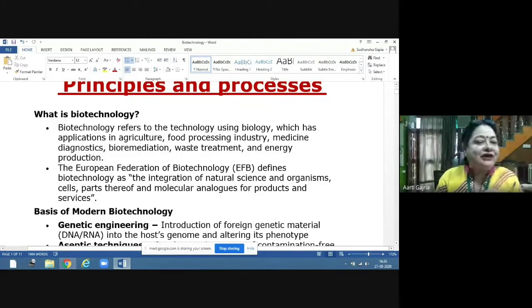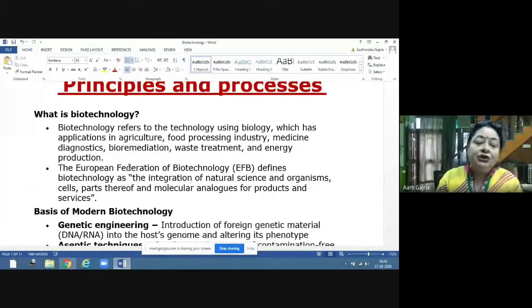So this technology using biology has applications in the fields of agriculture, food processing, industry, medicine, diagnostics, bioremediation, waste treatment, and energy production. There are various fields where we are applying the knowledge of genetic engineering; biotechnology has its application in these various fields.